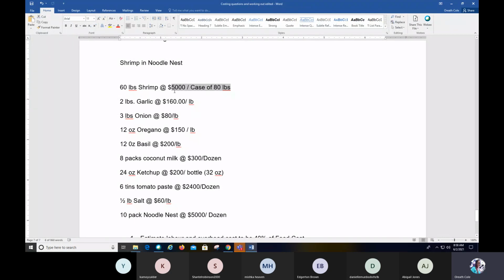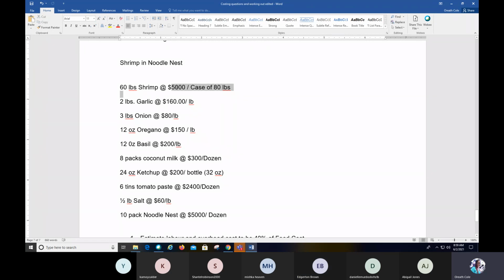This is the recipe: 60 pounds of shrimp, but the case is 80 pounds. That means we buy 80 pounds of shrimp for $5,000 for the case, right?